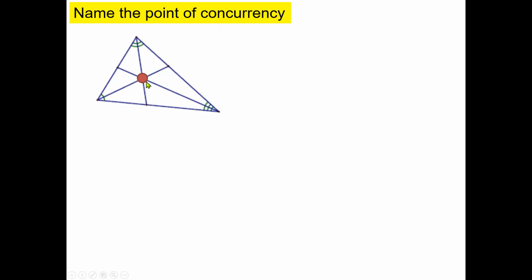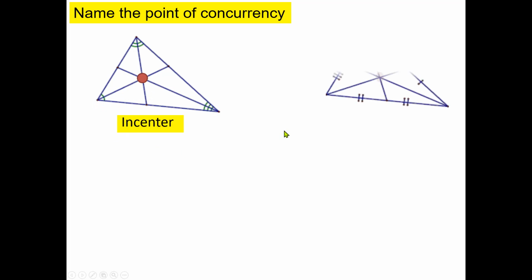Okay, so now we're going to talk about points of concurrency. What is the name of this red point? It's an incenter. Why? Because it's made out of angle bisectors. Okay, what's the name of this red point? These are three medians. Medians create a centroid.